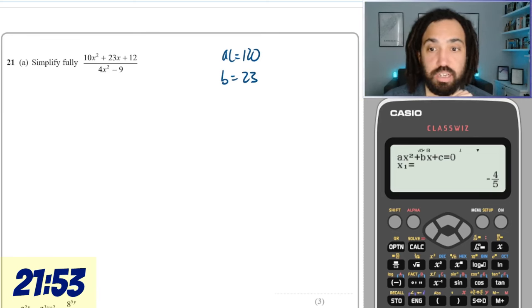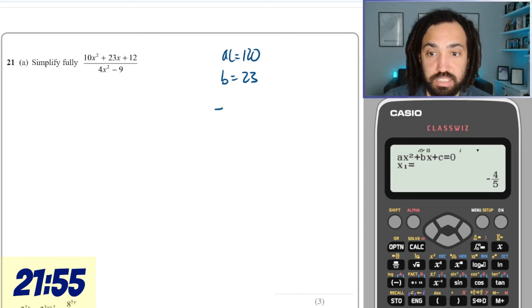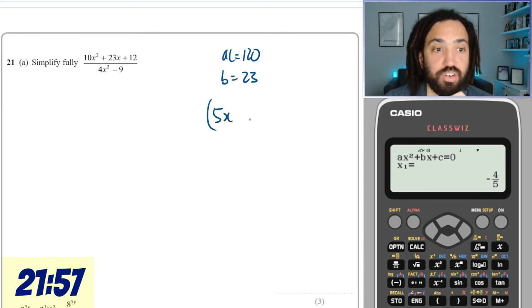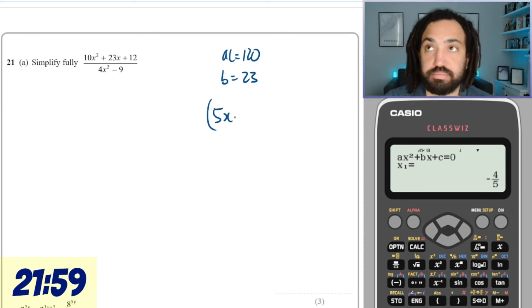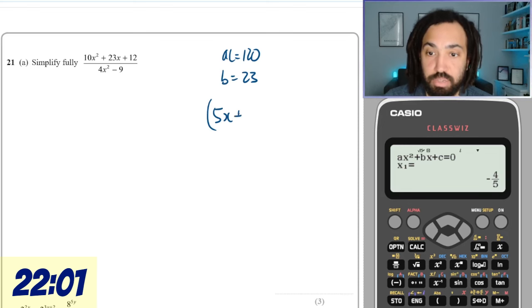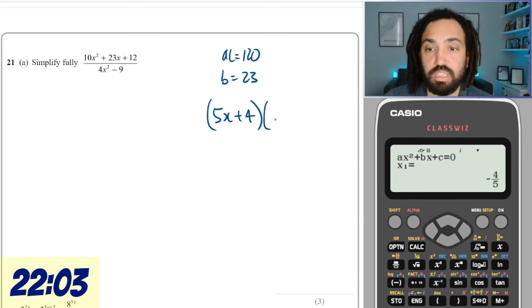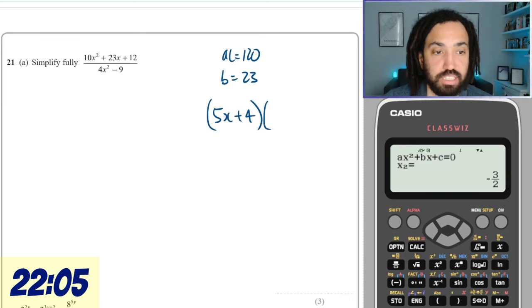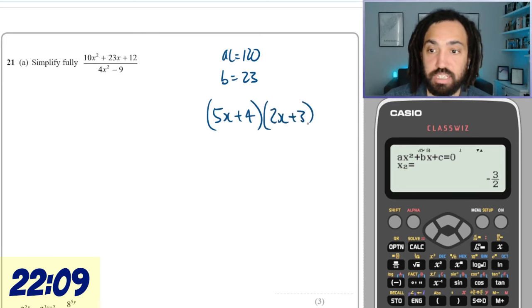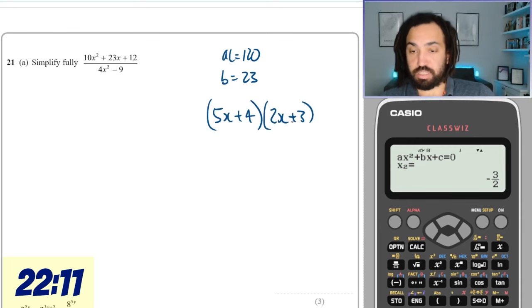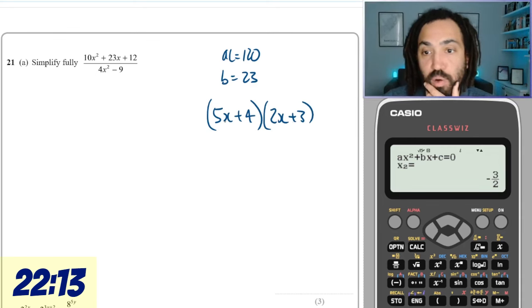Minus 4 over 5. Okay, so that means that one of the factors is 5x plus 4, which means the other factor is, oh gosh, 2x plus 3. So is it 12? Does that work?